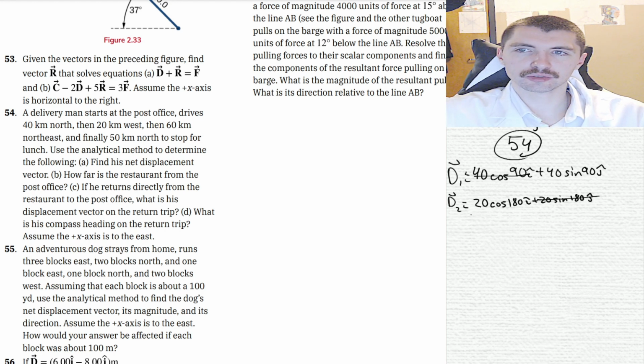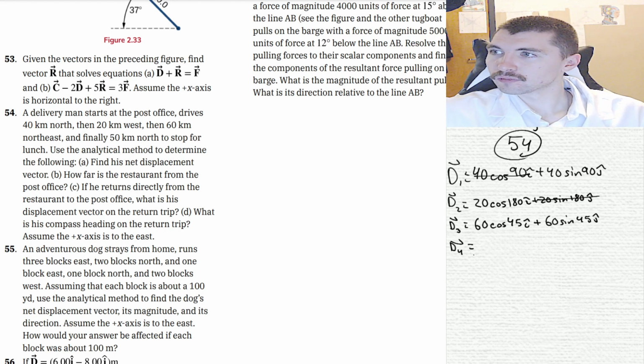Should cancel out too. D3, 60 northeast. 60 northeast, so say that's 45 degrees. All right, 60. Now we need 50 north.